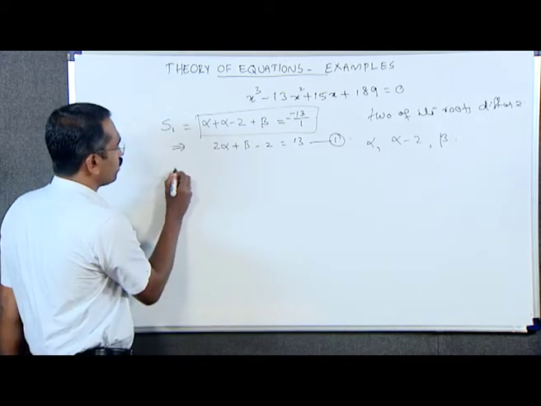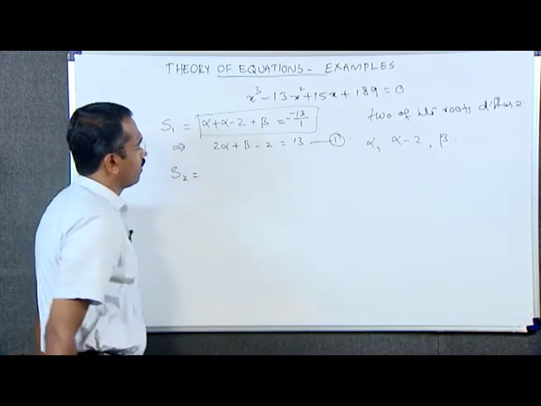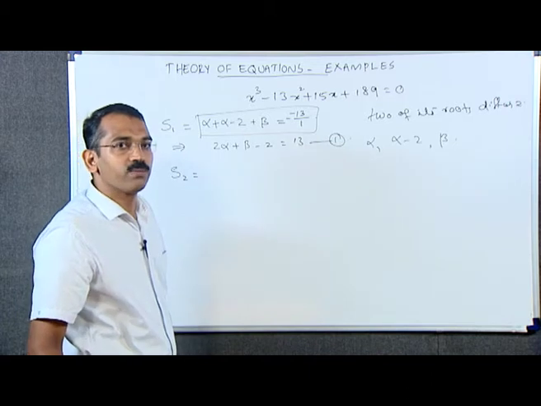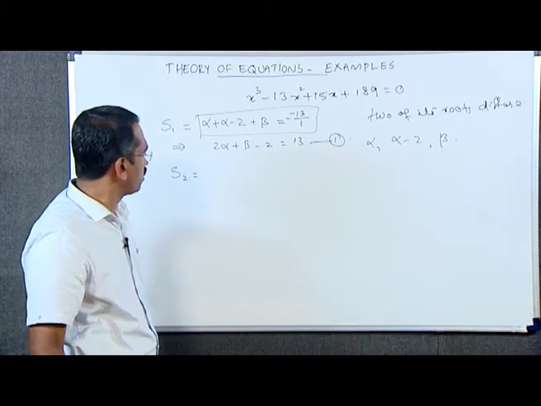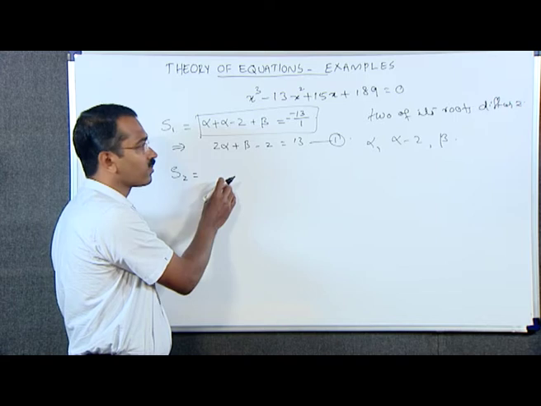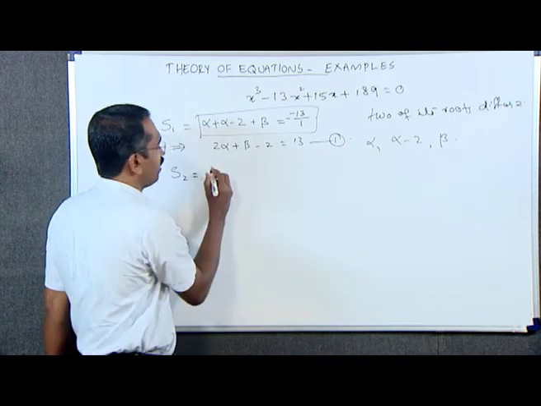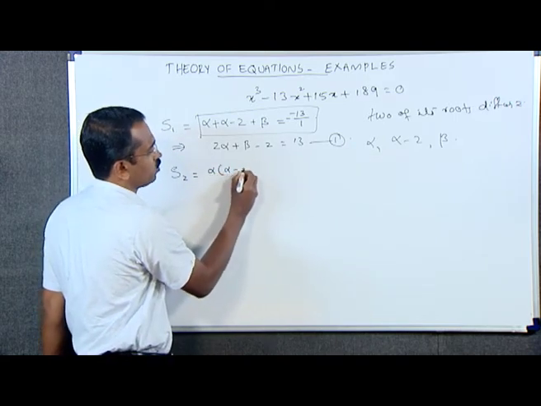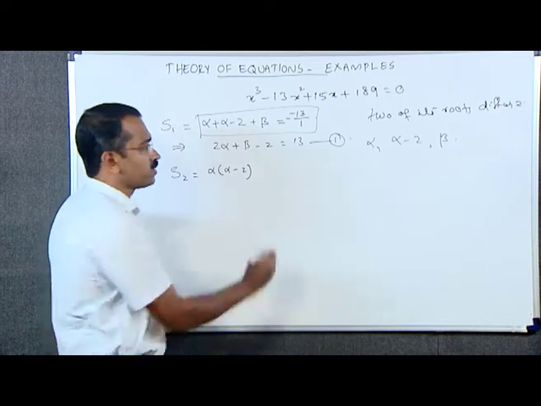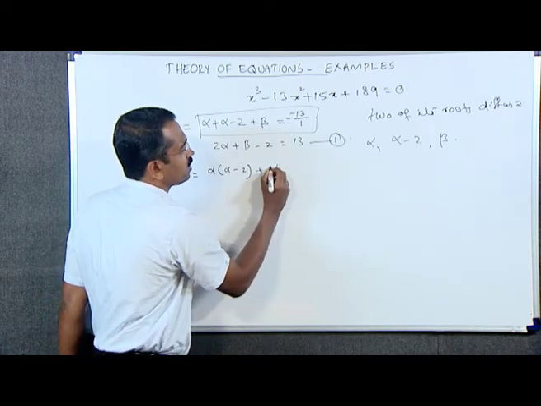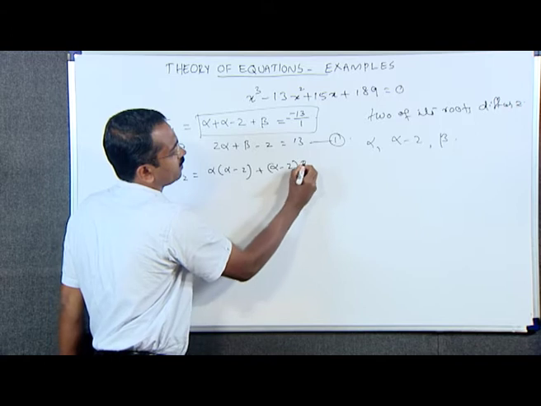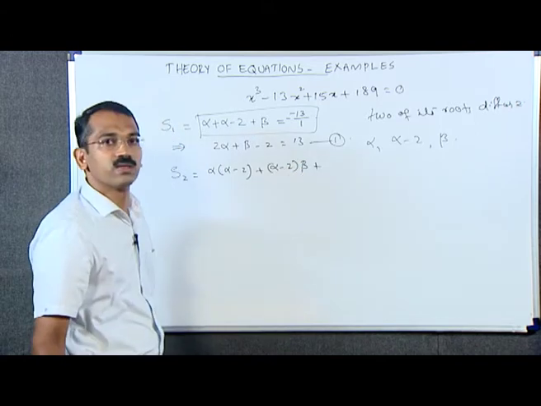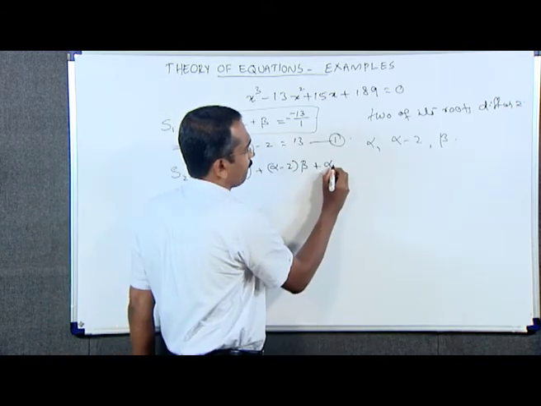Now S2 means the sum of the product of 2 roots taken at a time, that is alpha into alpha minus 2 plus alpha minus 2 into beta plus alpha into beta.